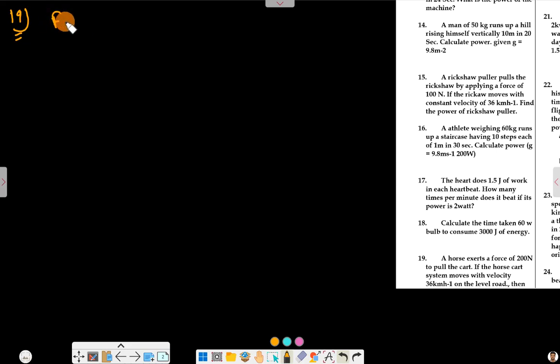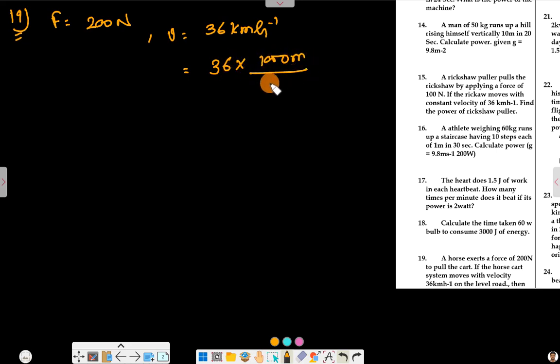So force is 200 Newton. If the horse cart moves with a velocity of 36 km per hour on a level road, here velocity is given as 36 km per hour. We can convert it, so this will get us 10 meter per second.